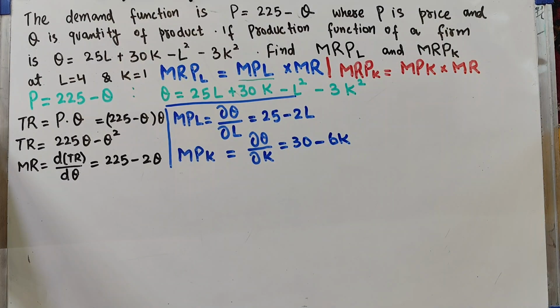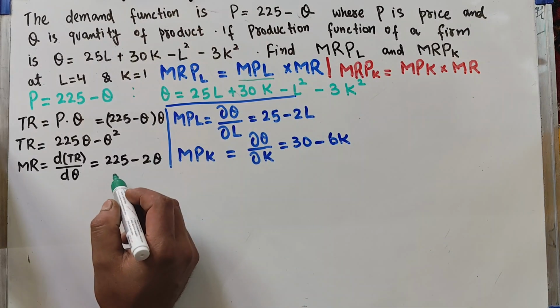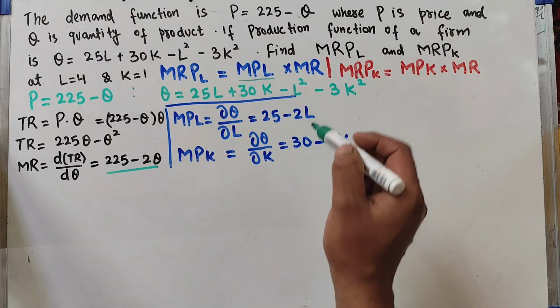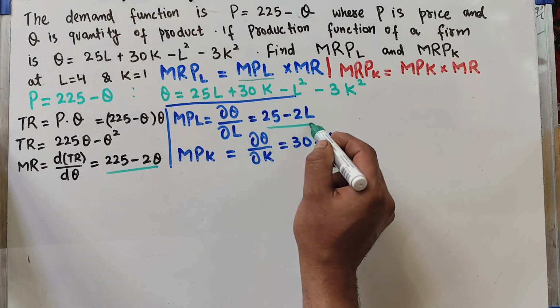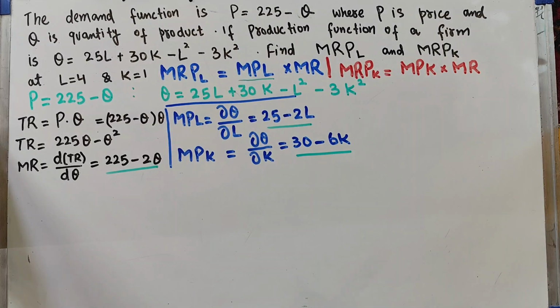This is our marginal product of capital. So we have found out the marginal revenue, also the marginal product of labor and marginal product of capital.